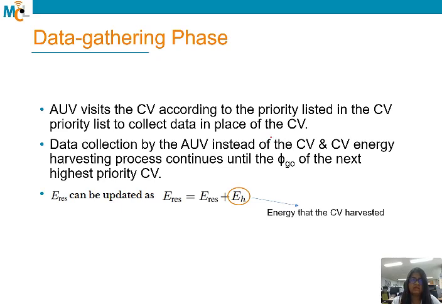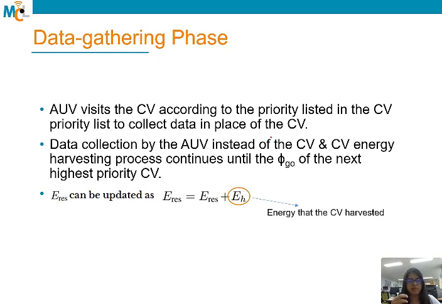As it reaches near the cut vertex, where the lower level nodes of that cut vertex are in the communication range of the AUV, it stops there and collects data instead of the cut vertex, while that cut vertex will be harvesting energy from the installed underwater sea turbines.